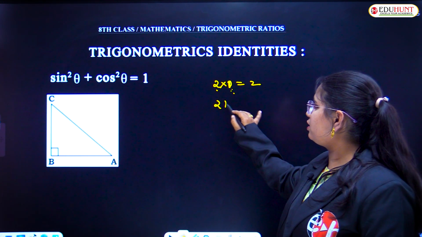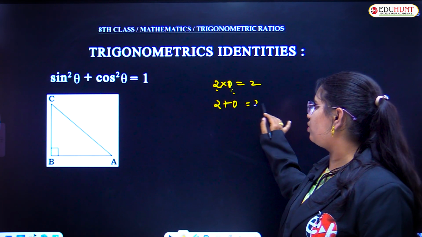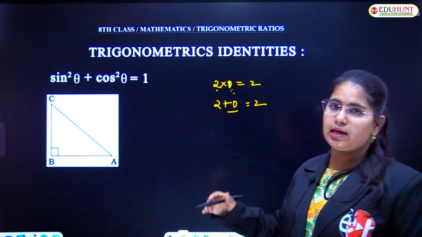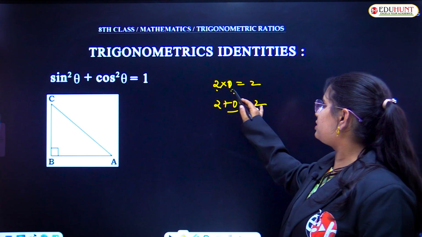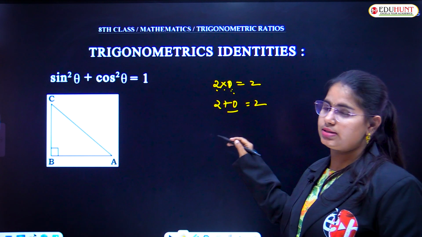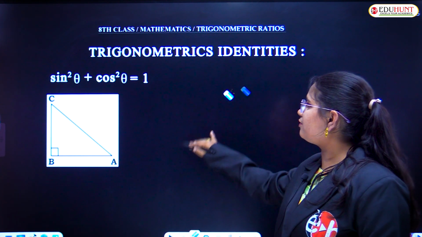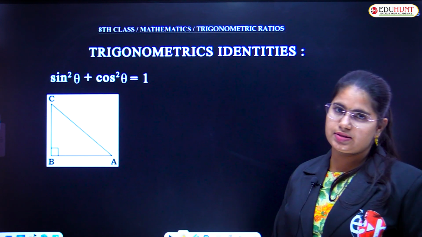If you are adding 2 with something, what number do you have to add? It will be 0. So this 0 is called the additive identity, and this 1 is the multiplicative identity. You have studied all these in your lower grades.